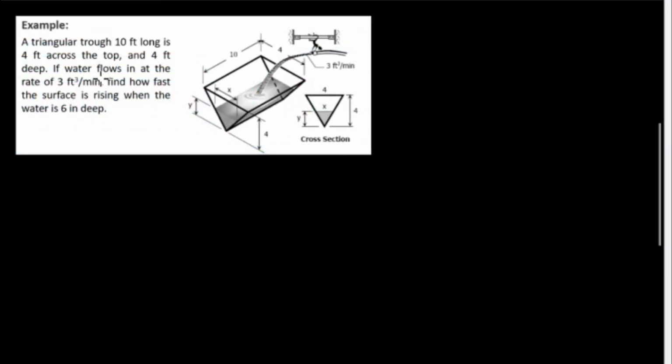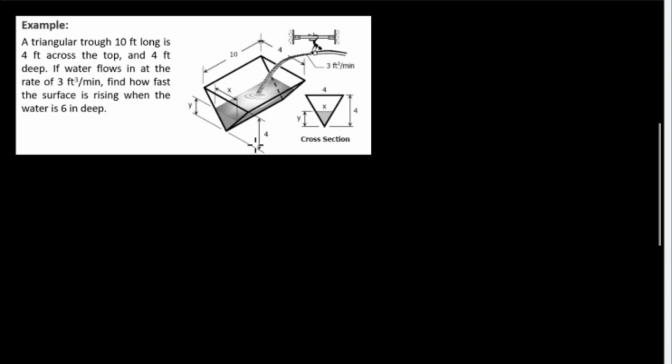Example number 3. A triangular trough 10 feet long is 4 feet across the top and 4 feet deep. If water flows in at the rate of 3 cubic feet per minute, find how fast the surface is rising when the water is 6 inches deep. So we have a triangular trough with a length of 10 feet, a top base of 4 feet, and a depth of 4 feet.